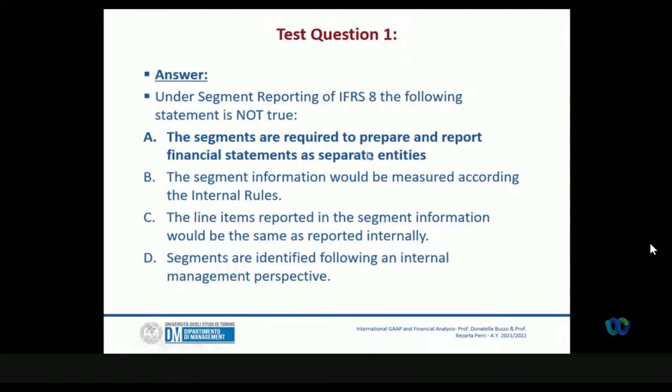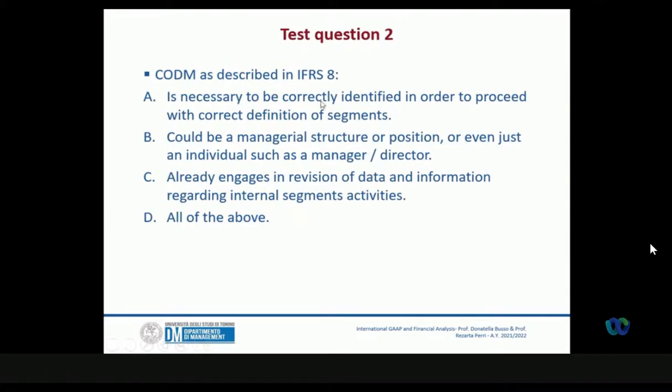Having answered that, let's continue with the second test question over here. The chief operating decision maker, remember we talked a lot about him or the position over there, the structure, as described in IFRS 8, is necessary to be correctly identified in order to proceed with correct definition of segments. That seems okay.